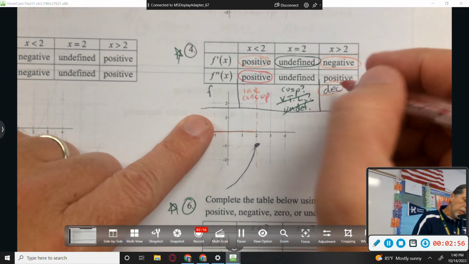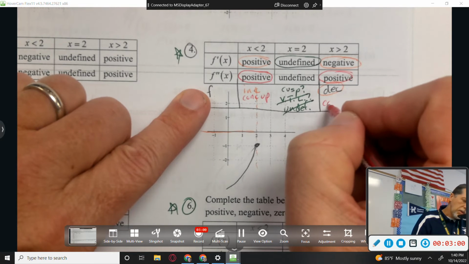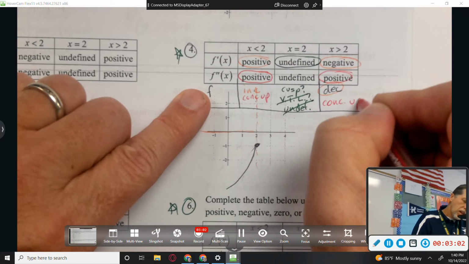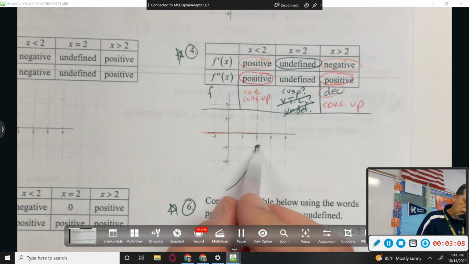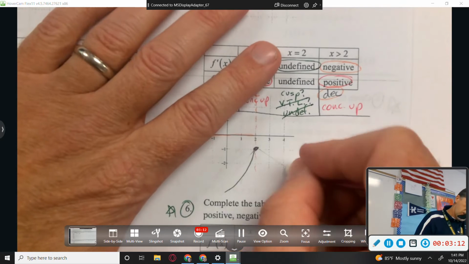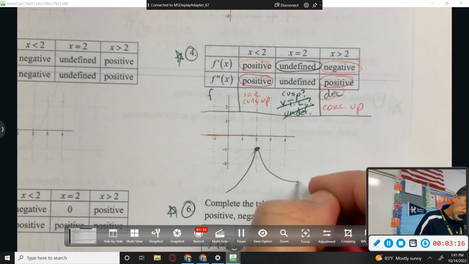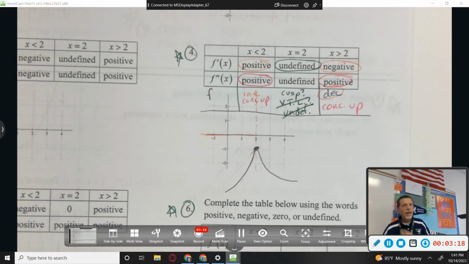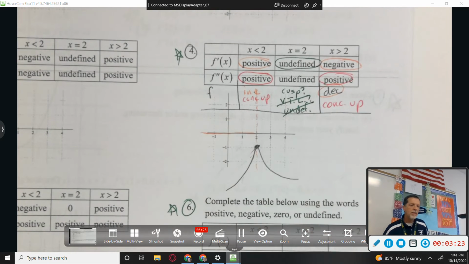And if f double prime is positive, then we're concave up. So I need to be decreasing, going that way, but concave up. Concave up like a cup. So something like that. And that would give me a cusp there, so I sort of automatically fit that middle piece.